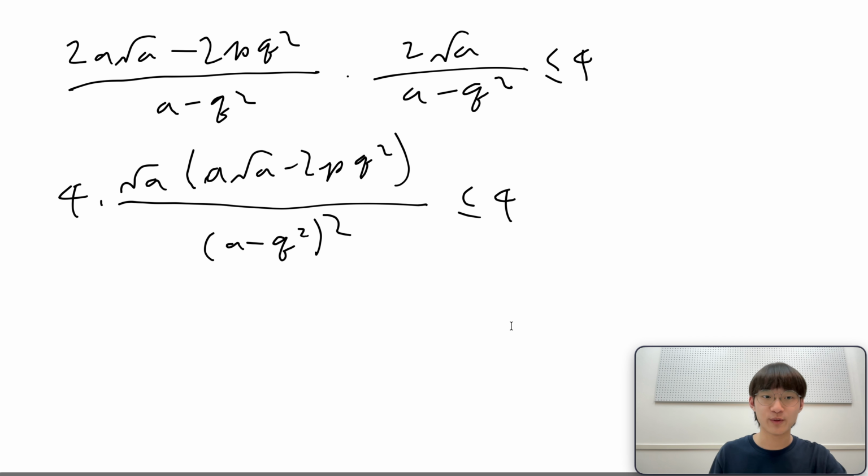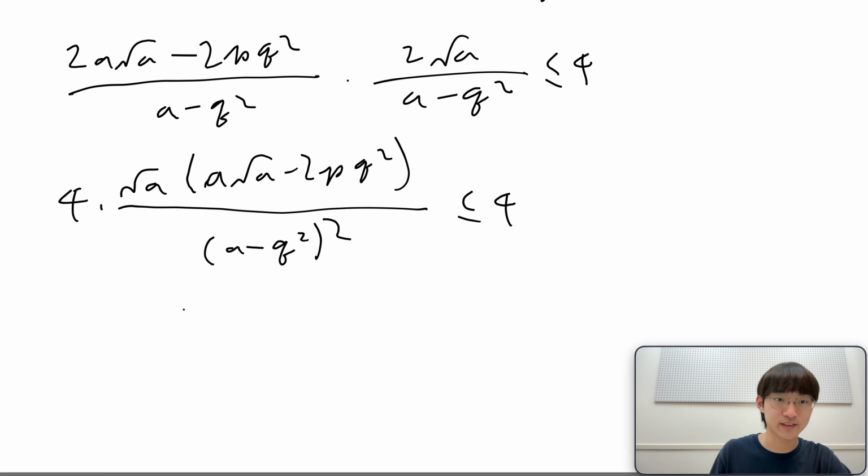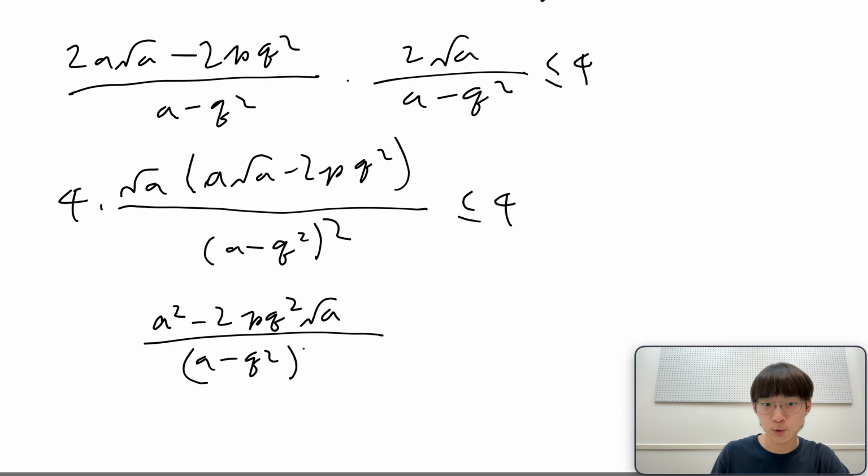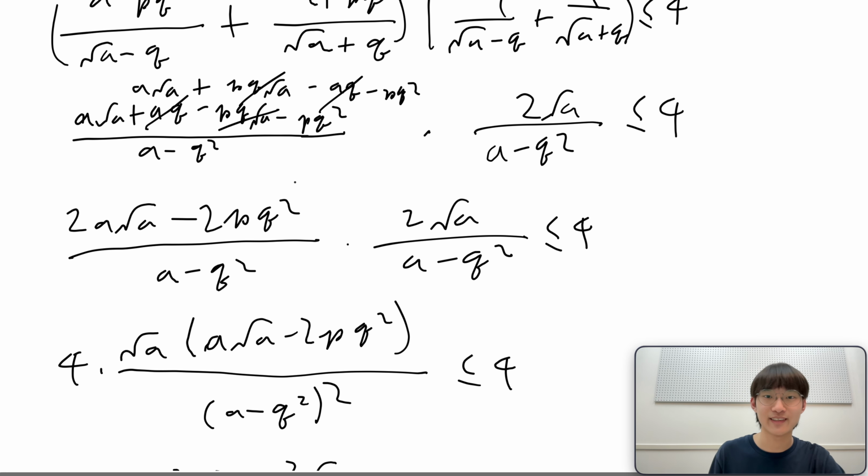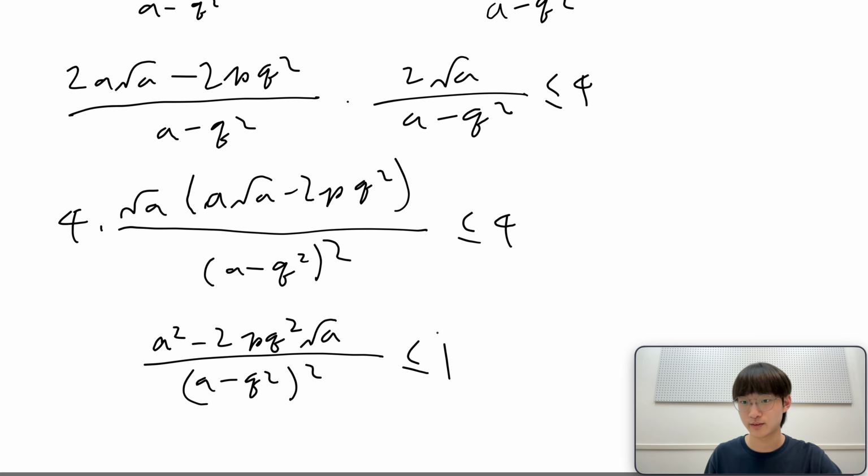So what we need to show right now is, my writing is big, what we need to show right now is a squared minus 2pq squared a over a minus q squared is less than or equal to 1. Then this inequality will be true. We can prove it.